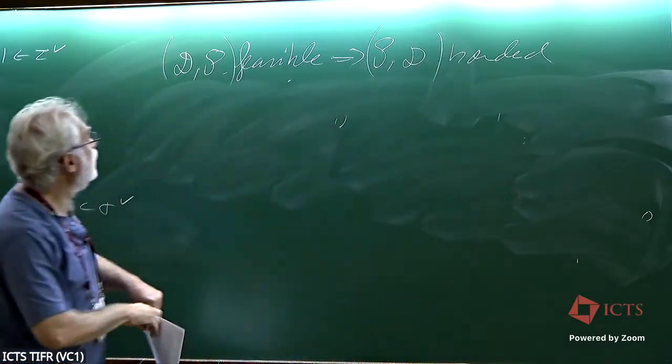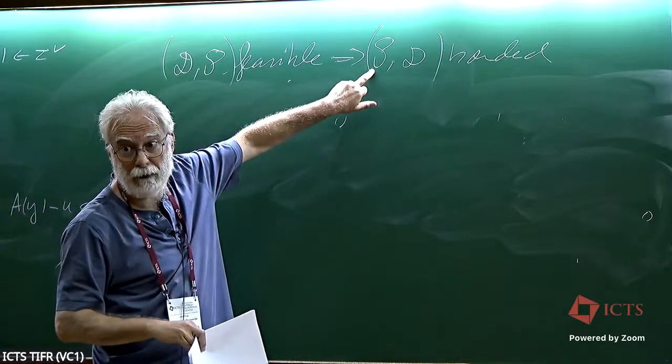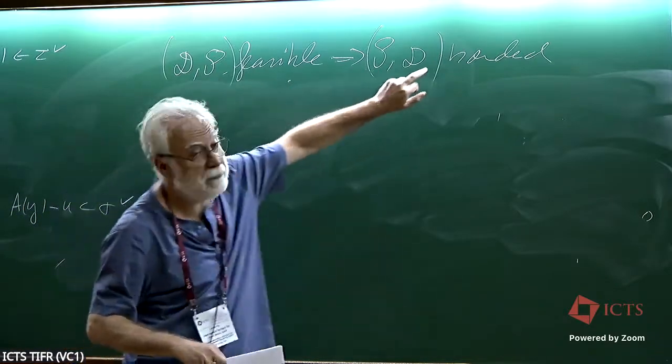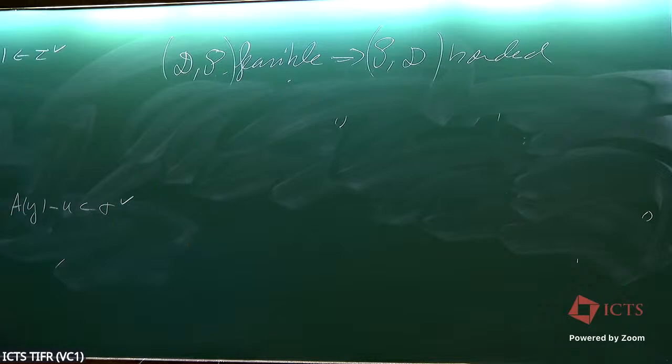So if D is feasible, this gives me an upper bound of P. If P is feasible, this gives me a lower bound of D. Okay. But if one is bounded, I don't know anything about the other one. So I only have the implication in this direction because I only have this inequality. And now we can write the classical theorem of linear optimization.